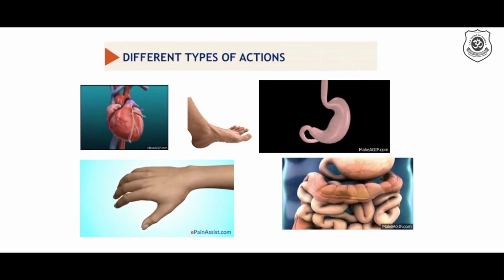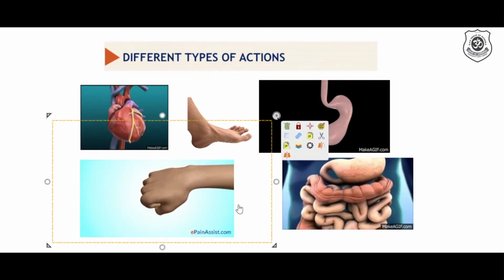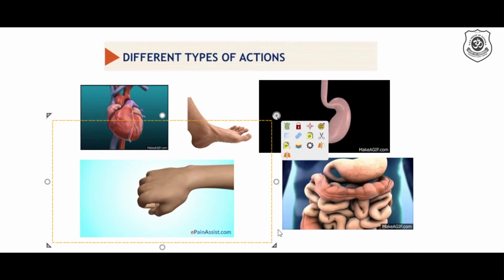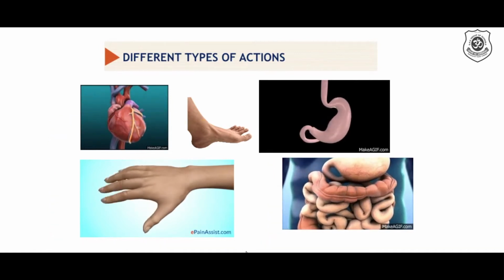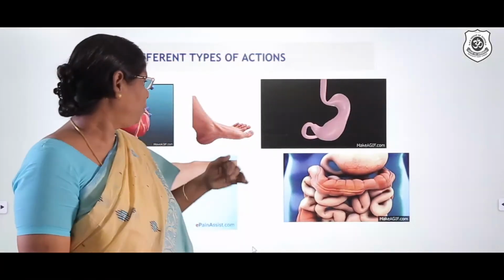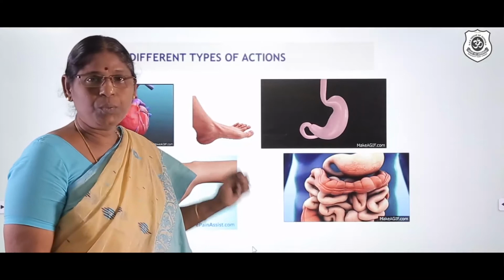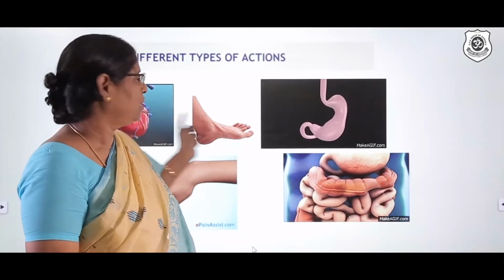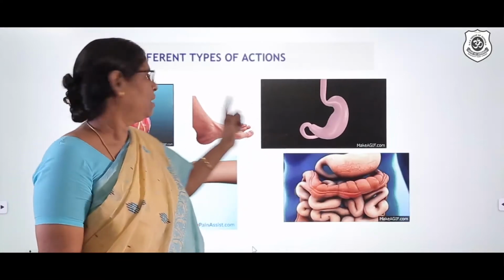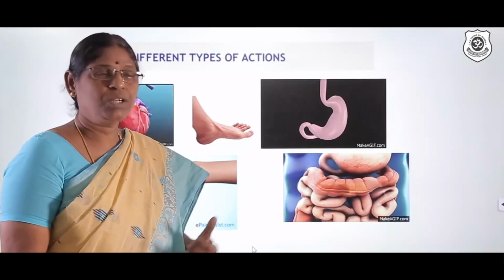Some of the actions are voluntary and some are involuntary. What do you mean by voluntary and involuntary? Voluntary means the actions which we can control. For example, our leg movement and hand movement we can control. But actions like heartbeat and digestion we cannot control.